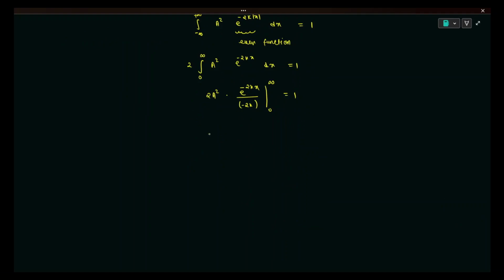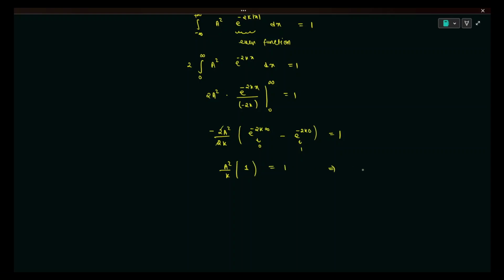Or what I can do is minus a squared divided by 2k, e raised to power minus 2k infinity, and minus e raised to power minus 2k 0, that should be 1, and 2 cancels out, and a squared divided by k, so this will be 0 and this will be minus and this will be 1, so this minus minus cancels out, so this will give me 1 equal to 1.